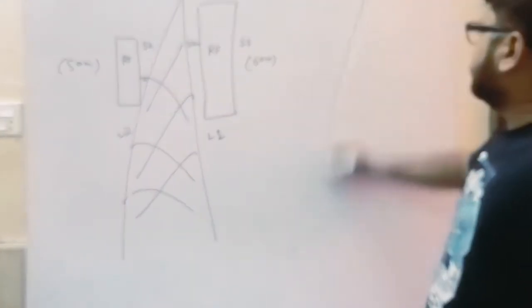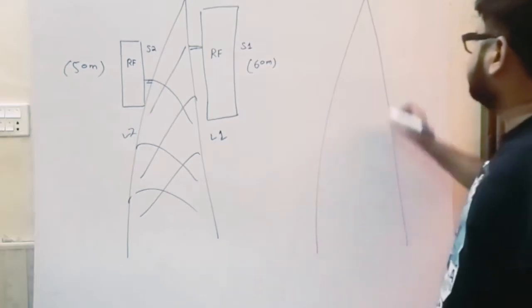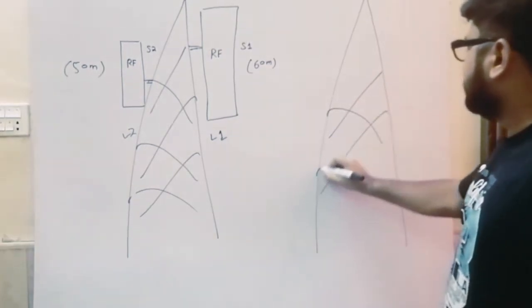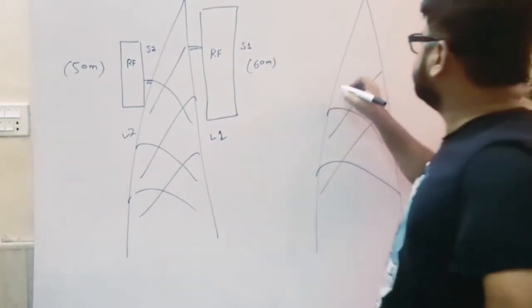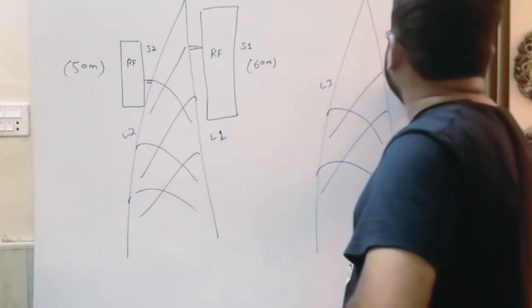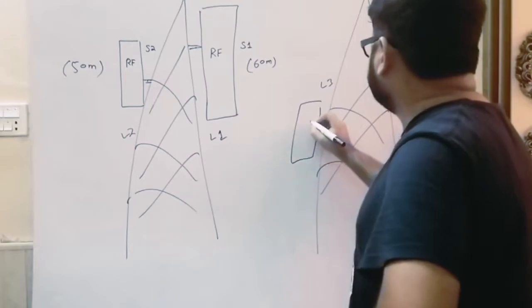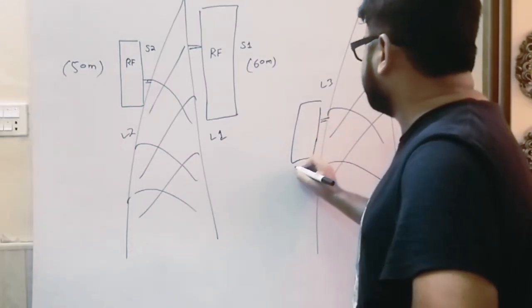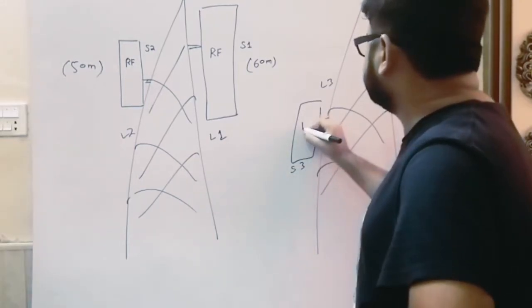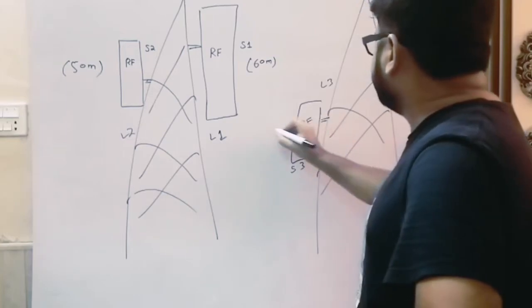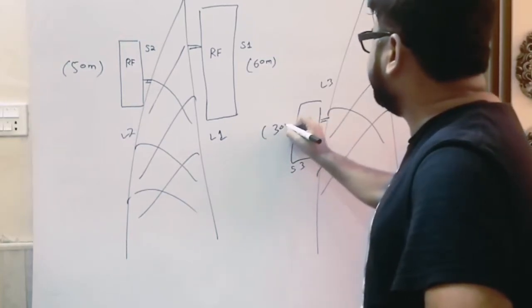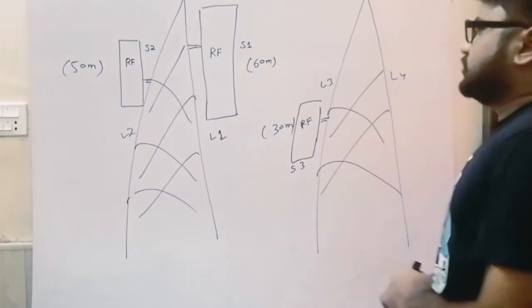And the third antenna, which is attached with leg 3, is our third sector, and its height is 30 meter.